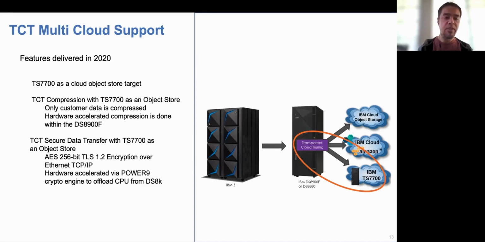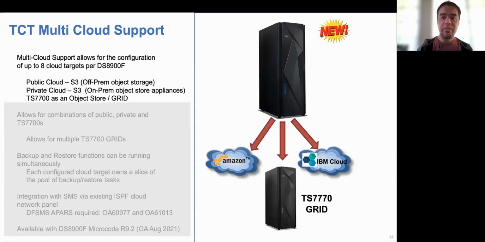One important thing to mention is that this encryption is also performed by a hardware accelerator that is present in the Power9 CPUs of the DS8000. Similar to the compression algorithm, we are not taking cycles from the main CPU. Everything is hardware accelerated.